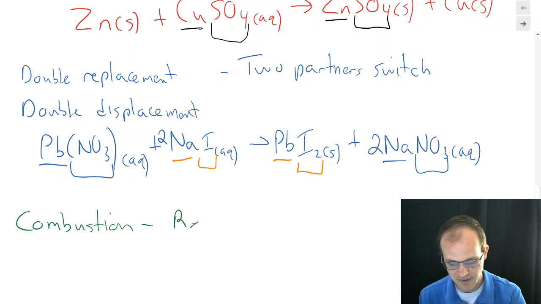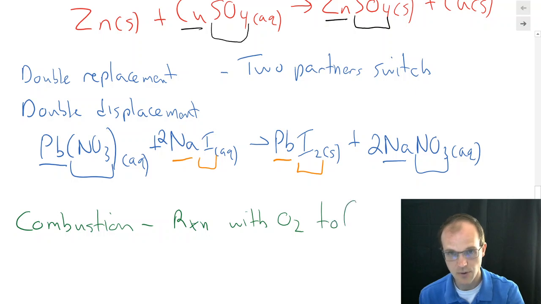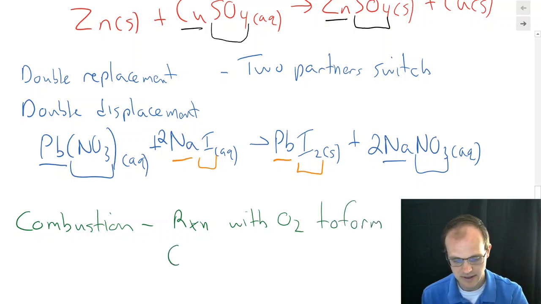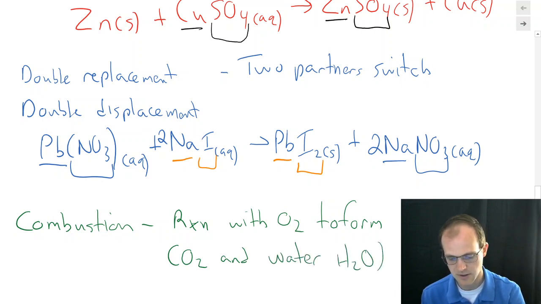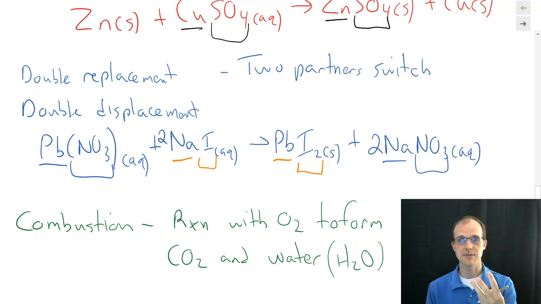We're going to say it's a reaction, RXN is short for reaction, with oxygen to form CO2 and water. So all three of those things have to be present for it to be a combustion reaction for the purposes of our class. Reaction with oxygen, forming CO2, and forming water. If one of those is missing, it's not a combustion reaction.